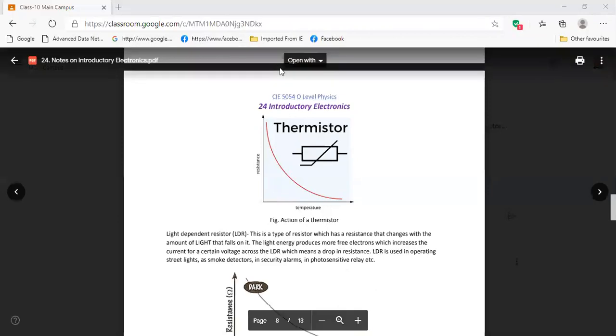So you write this point, then you can be more confident. Please write, everyone: if temperature decreases, then resistance of the thermistor increases, right?